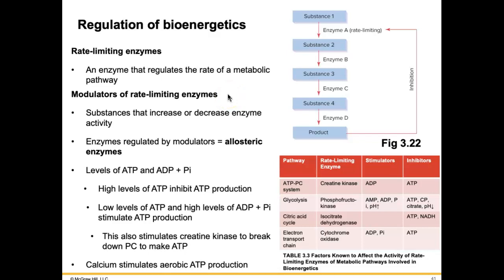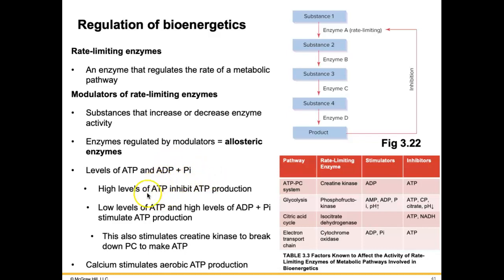And any enzyme that has one of these modulators is called an allosteric enzyme. And we have certain stimulators and inhibitors that will assist us in creating or allowing these pathways to continue. So one of the most common ways is by looking at the levels of ATP as well as ADP and inorganic phosphates.